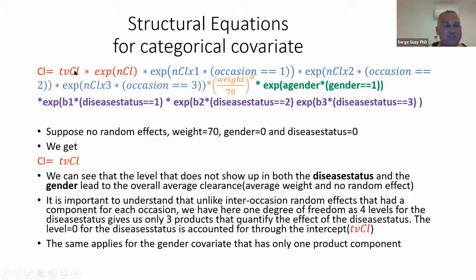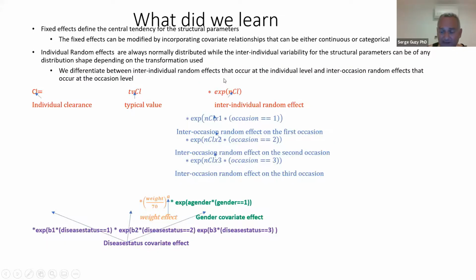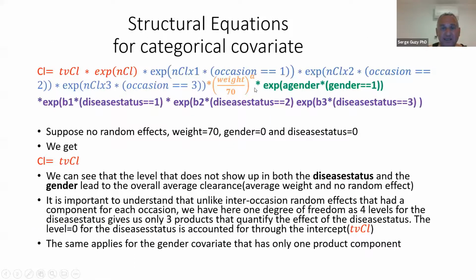Suppose that the disease status equals 1, and no random effect, and the weight is equal to 70, and it's a male. Then again you are left with TVCL. Now the disease status equal to 1, then disease status 2 and 3 disappear, and you are left with the indicator for disease status equal 1, which is a 1, and the B1 will define basically the effect of the disease status when the disease status is equal to 1.